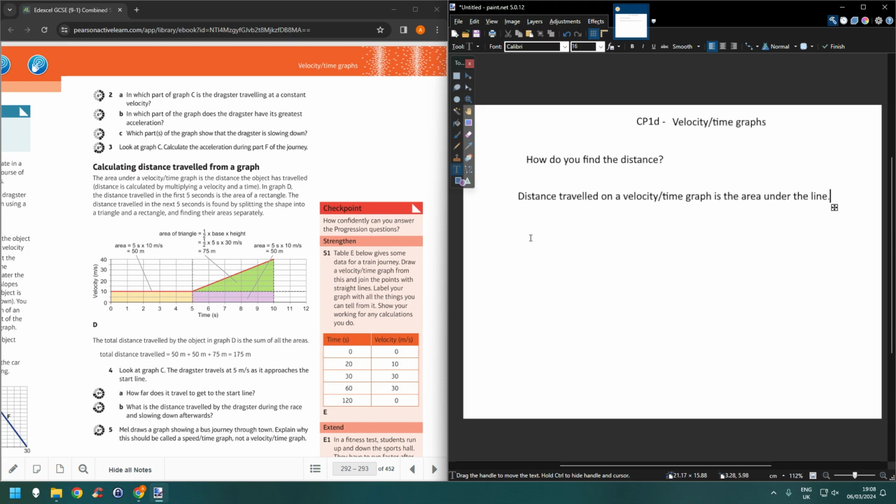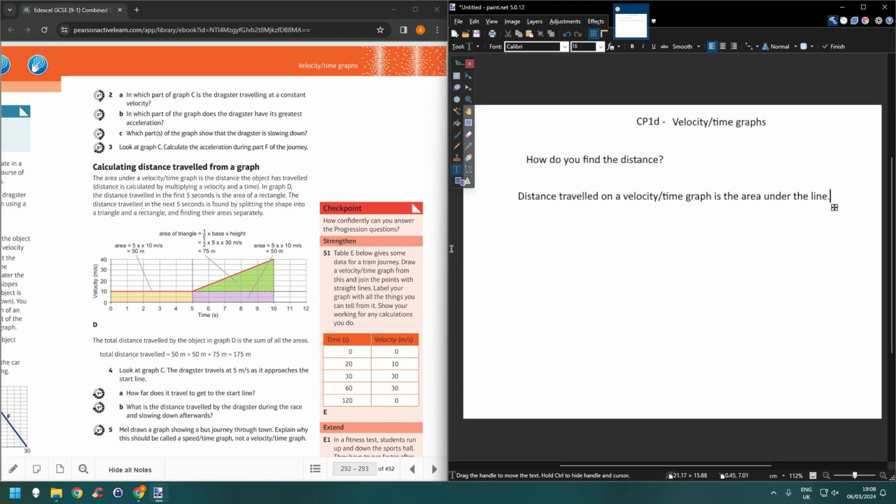So, now we've got that, we can go through these three different examples. This first bit here, between 0 and 5 seconds, you'd simply take the y-axis and multiply it by the x-axis, like how you'd find the area of a rectangle, take two sides and multiply them by each other. So 5 seconds times 10 meters per second in velocity equals 50 meters.